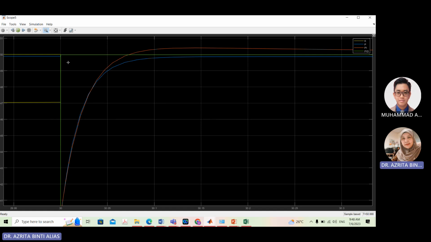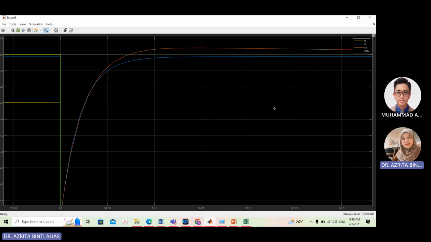Nampak kalau dekat sini, which controller is the best, P, PI, or PID? PID, the fastest controller that can eliminate the error. Okay, nampak kalau ini dia lambat, baru dia dapat eliminate the error, but the PID is the fastest controller. So that is your conclusion.